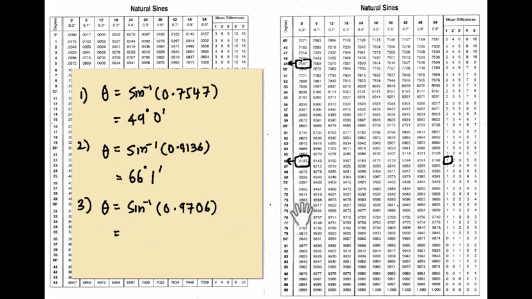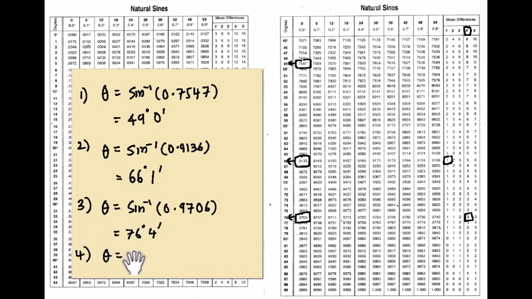So I'll say 9703, which is corresponding to 76 degrees. And of course, this is 0 minutes, but this is not 9706, this is 9703. So I'll be adding 3 to it, right? So that will make it 9706. And the corresponding minute here is 4 minutes. So it is 76 degrees 4 minutes. So this is one example. Let's take one more example.